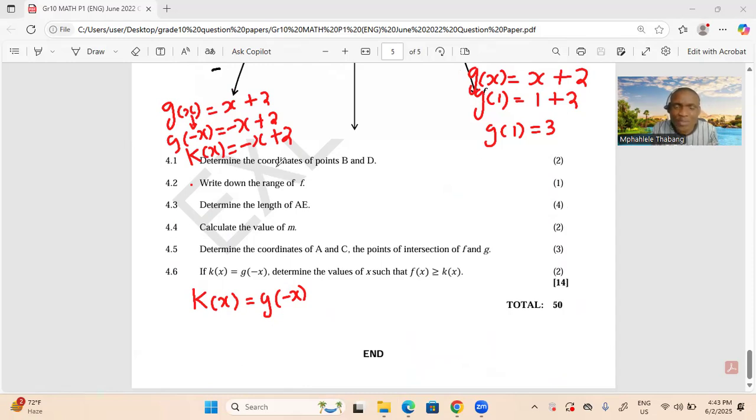Now they are saying find the values of x where f is on top of the function k. So I need to draw this function k on my plane.